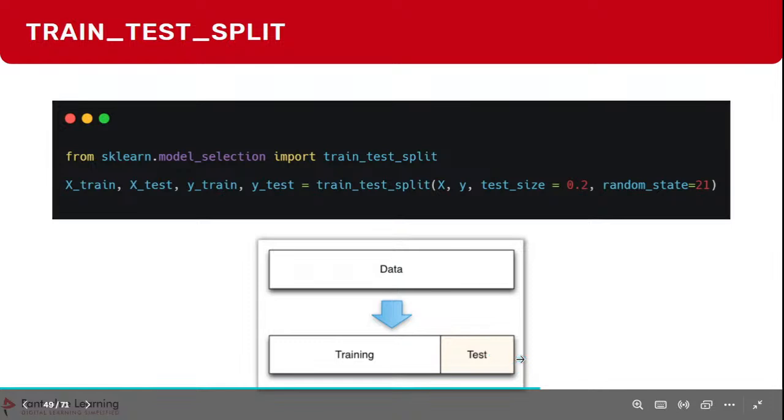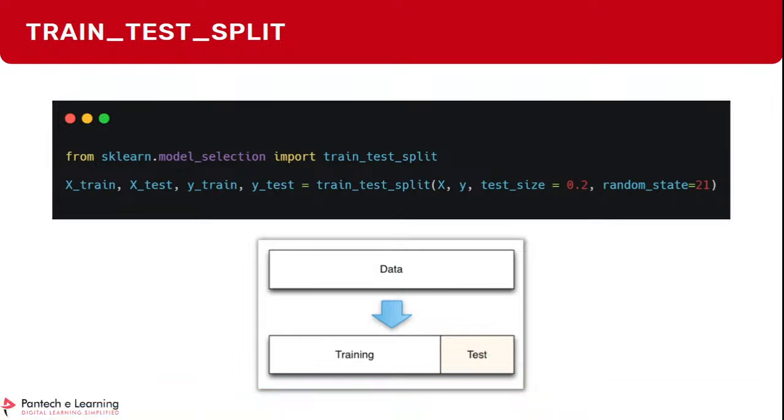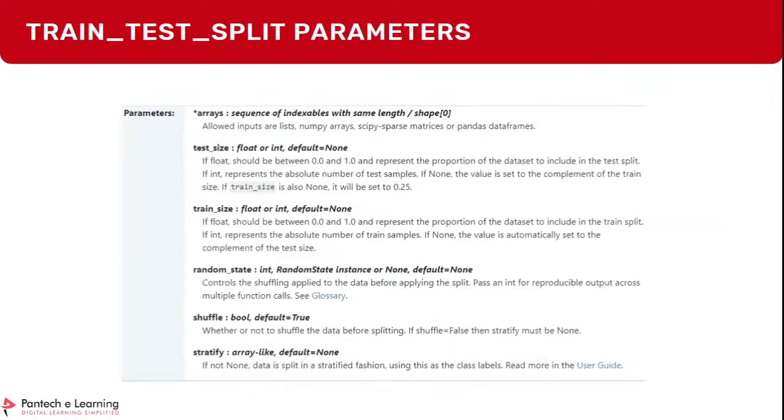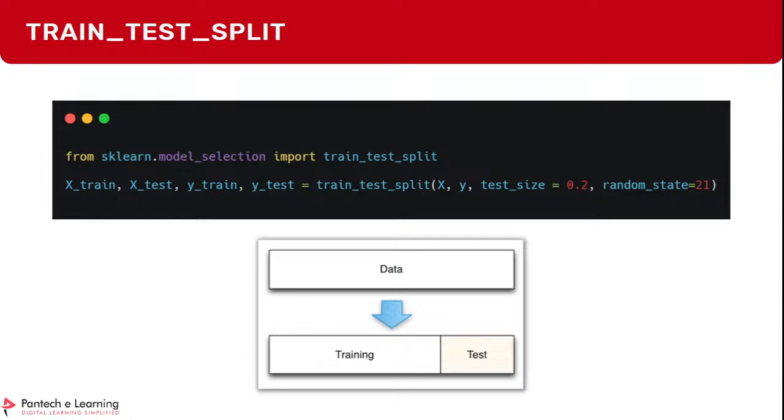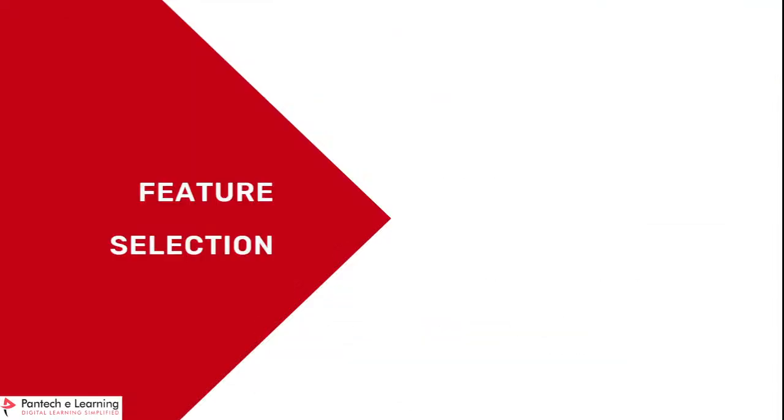I'll keep it separately, and the 800 I'll use for training. Once the training is done, with the help of that 200 I can test and evaluate it, and this evaluation will help me understand how my model is performing, how I can improve it, and how I can compare it. It can be done from sklearn.model_selection.